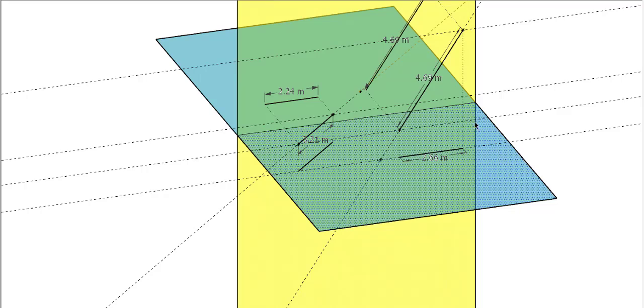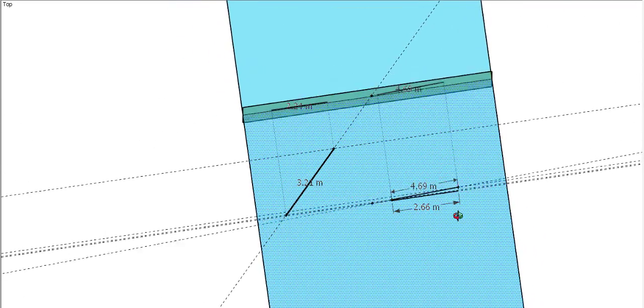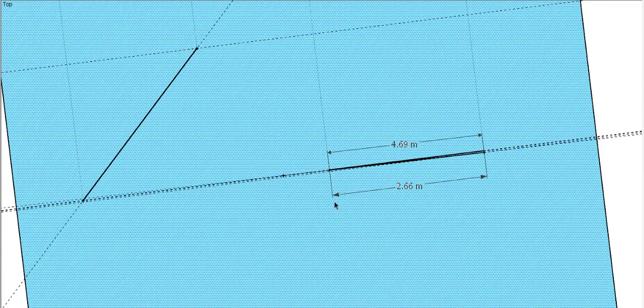If I am viewing from the top, I can immediately see this point here. Sorry, the horizontal trace. This is the horizontal trace and it is properly seen in the top view.